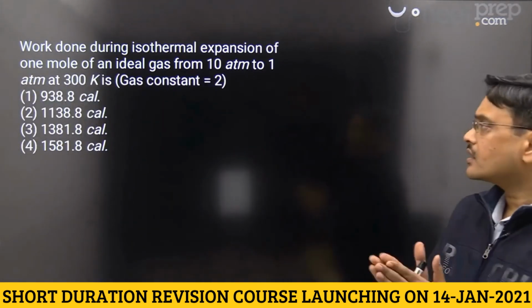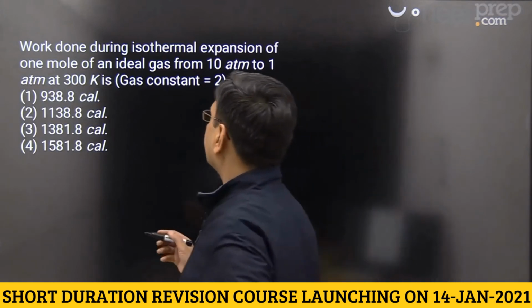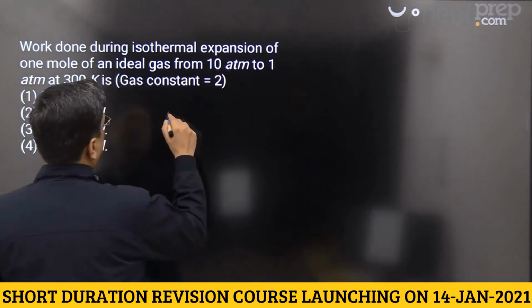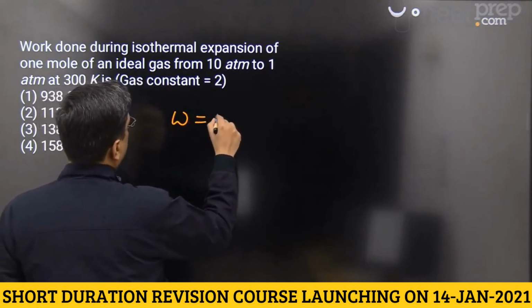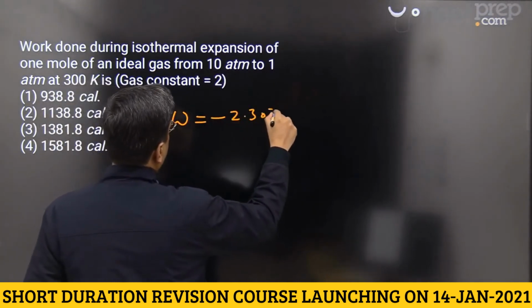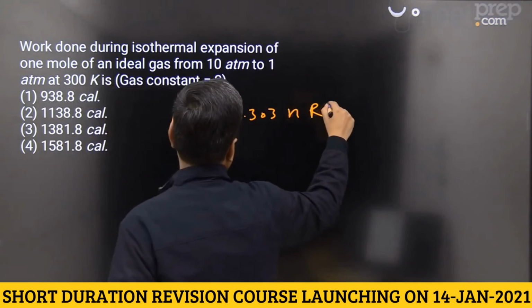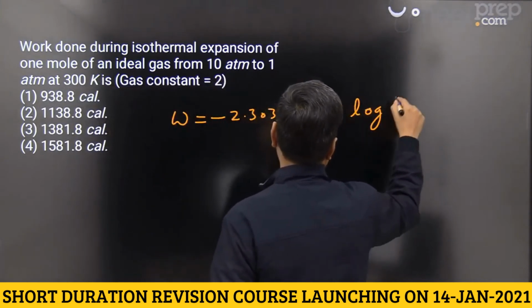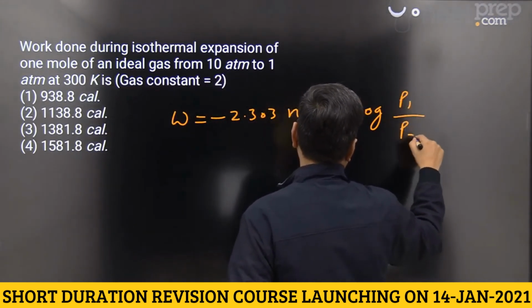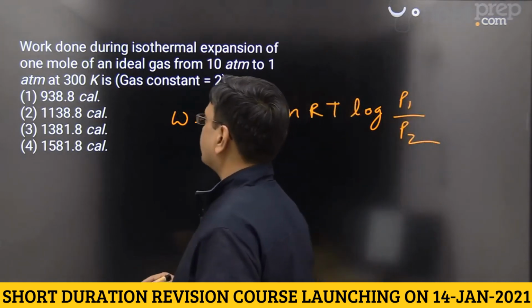Actually this is the work done in calorie. So we can use the formula W is equal to minus 2.303 nRT log P1 by P2, or V2 by V1.